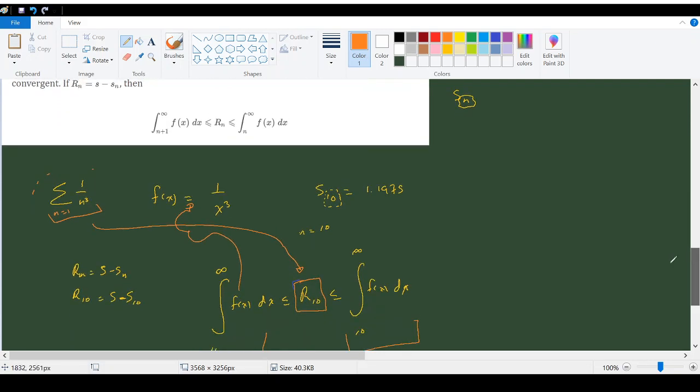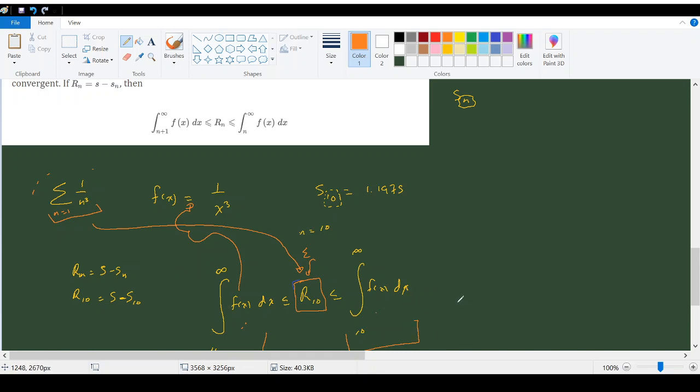So, the special thing here is that the center value goes with the series and the two outside values go with the function, right? That's how we relate everything to each other.